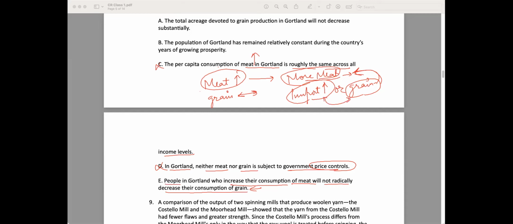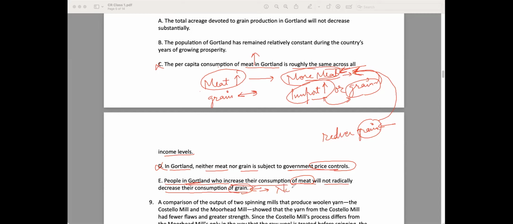Option E says that people who increase consumption of meat, so people who are eating more meat, because consumption of meat is increasing, if they reduce their grain consumption, then that surplus grain can be used to make more meat. So the assumption is that this surplus grain will not be available.